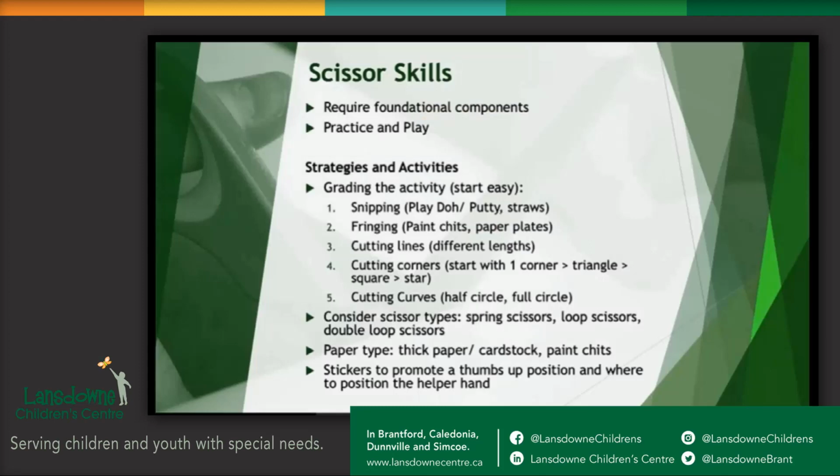But of course you can do a little bit more specific scissor practice. So some strategies and activities are these here. Again, really thinking about starting with simple activities that are easy and achievable and grading them, making them more difficult as the child's skill develops. First you might want to start with just snipping, using Play-Doh or putty or straws, which are always fun.